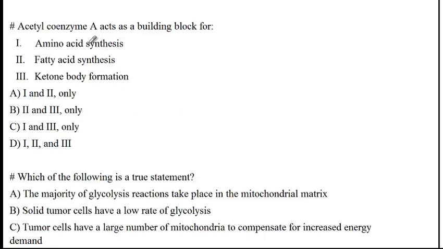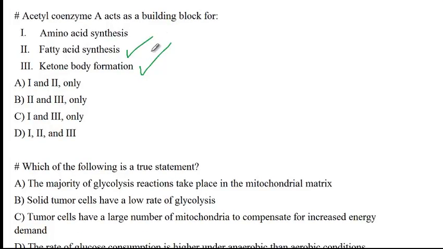So acetyl coenzyme A, we already discussed it's required for ketone body formation, and we also discussed that it's required for fatty acid synthesis as well. The only thing we didn't discuss is amino acid synthesis, and so therefore choice B is correct.